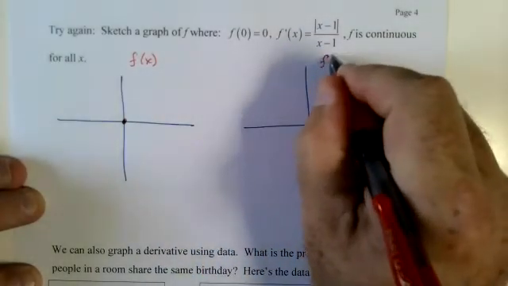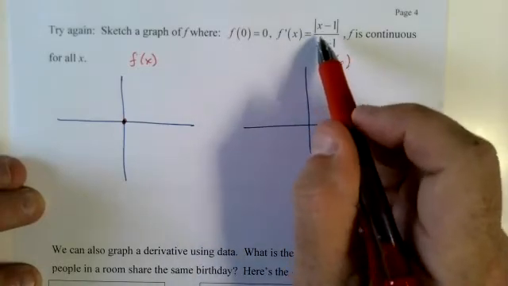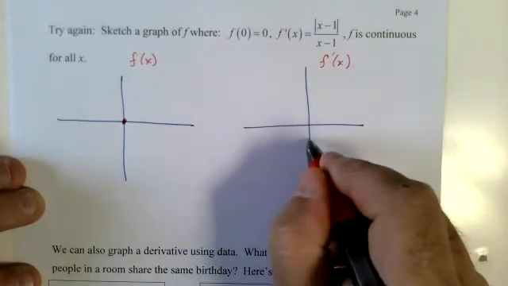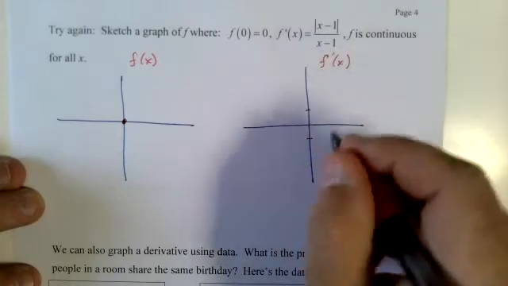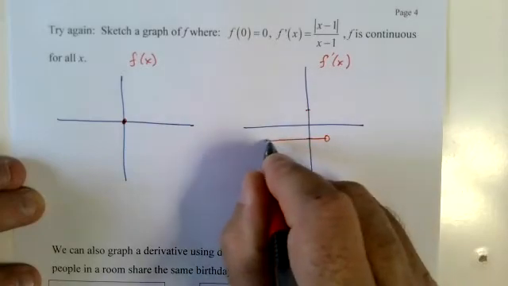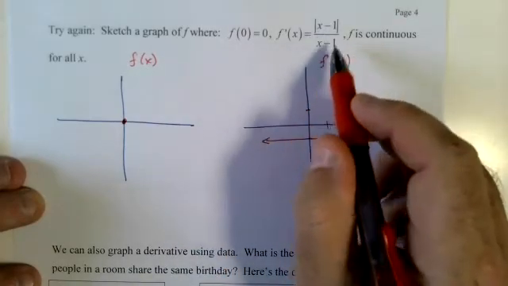It's my f prime of x graph. And I've seen this one before. If I plug in 0, I get -1. I plug in 1, I can't get anything, so I have a hole there. If I plug in 2, I get 1.